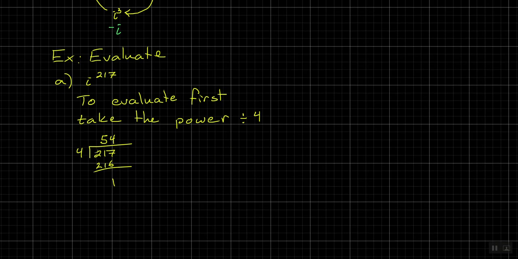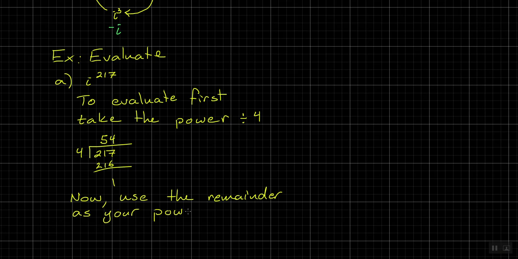1. To evaluate this, we've done the first thing. It's 54 with a remainder of 1. Now, use the remainder as your power. Very specifically, what that means is that we have determined that i to the power of 217 is going to be the exact same thing as i to, what was the remainder?